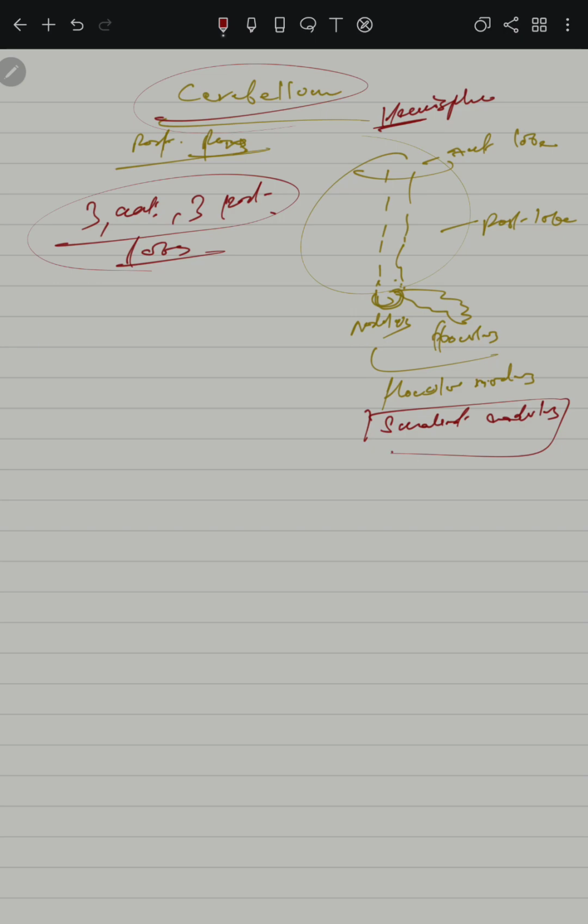Now, if you cut the cerebellum there is an outer covering part called the cortex, and in between there is something like this. These are the deep nuclei.